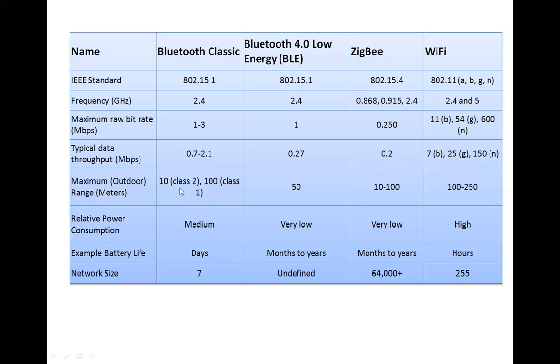Near about 10 meters for Class 2, which comes under Bluetooth Classic, and for Class 1 it is 100 meters. For Bluetooth 4.0 it is near about 50 meters. For Zigbee it is 10 to 100 meters, and for Wi-Fi it is 100 to 250 meters. Outdoor range is quoted.